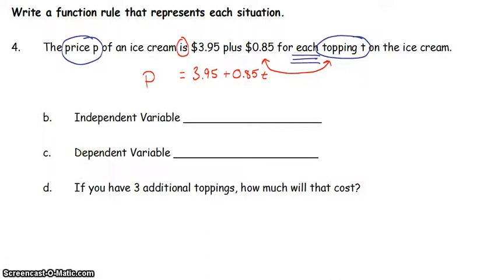Remember, your dependent variable is always what you're solving for, or the equals. In this case, P equals, so my dependent variable is going to be P, or the price. And my independent is always your input. It's the variable that you're putting in order to solve. In this case, it's T, or the number of toppings.